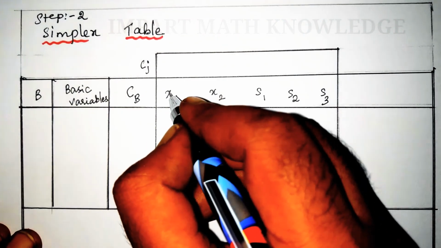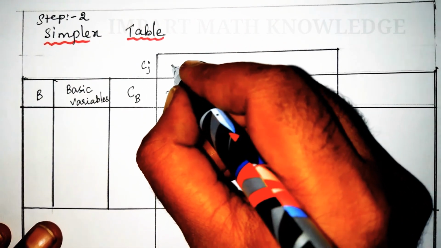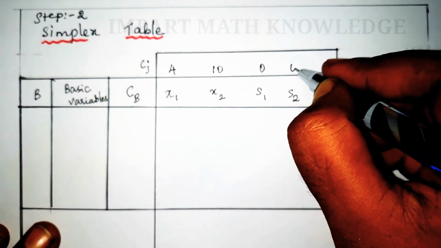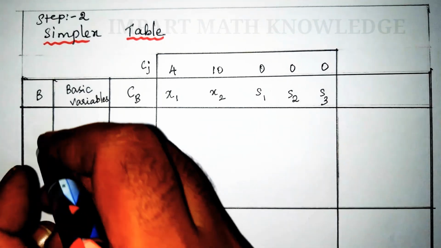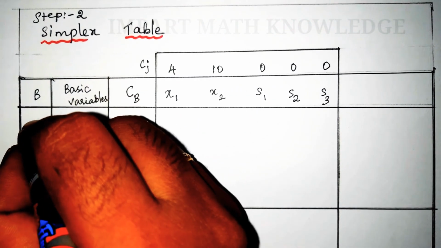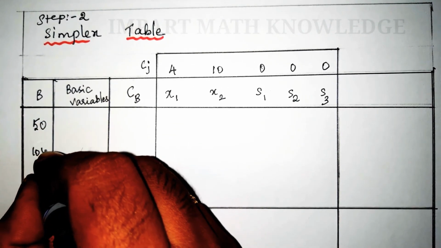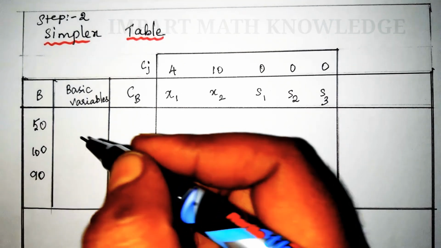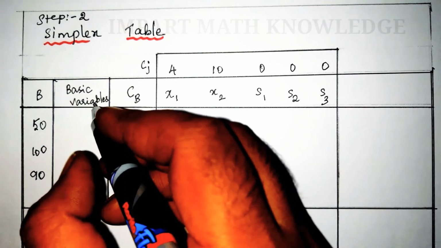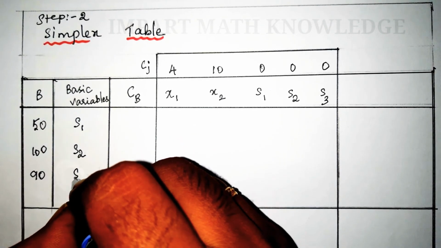The coefficient of these variables in the objective function are 4, 10, 0, 0, 0. Here you have to write the right hand side value. The right hand side values are 50, 100, 90. The basic variables are the newly introduced variables, that is slack variables, S1, S2, S3.